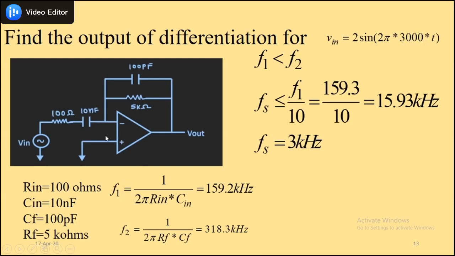I haven't changed the values of these components, so F1 remains 159.2 kilohertz and F2 remains 318.3 kilohertz. Fs should be less than or equal to 15.93 kilohertz. The actual signal frequency is 3 kilohertz, which is fairly low compared to the criteria. So we are good to go for finding the final output.